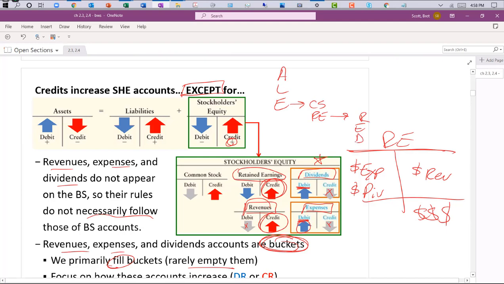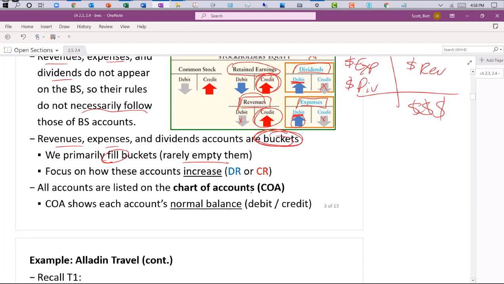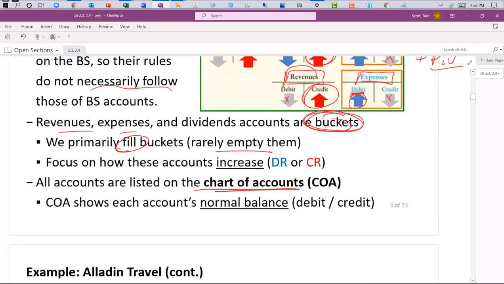We can call these accounts, even if there's thousands of them, we generally can categorize them among these different categories here that you see on this page. We could have, for instance, 10 or 20 different cash accounts, but all those cash accounts are just asset accounts.